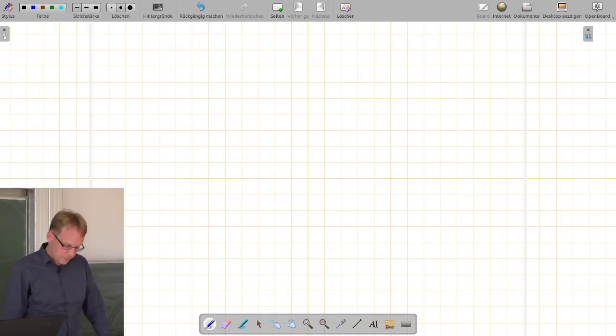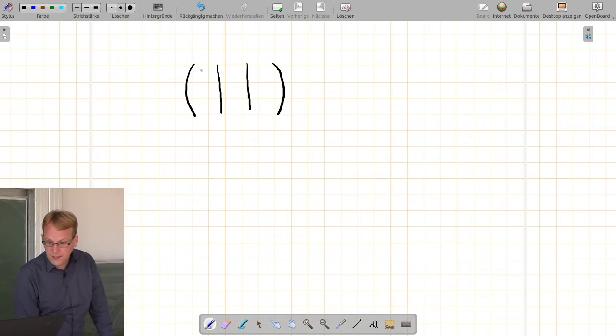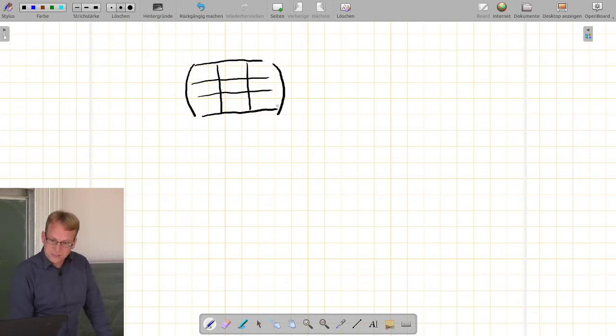Let's take an example. Let's look at this one here. These are my meridians, and maybe I have lines of equal latitude like this. If you see a map like this, the question is: is this a cylindrical map projection?